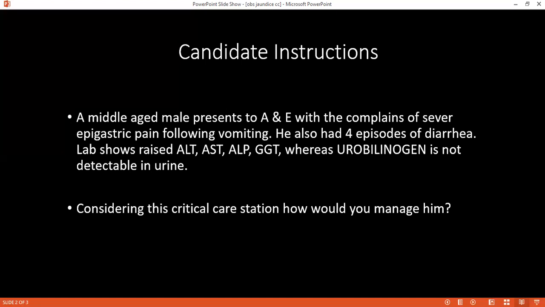We also want to do radiological investigation like abdominal ultrasound and abdominal CT scan, and this could tell if it's the cause of the obstructive jaundice, if it is the pancreas, or gallstones. Can you please tell me what are the causes of jaundice?